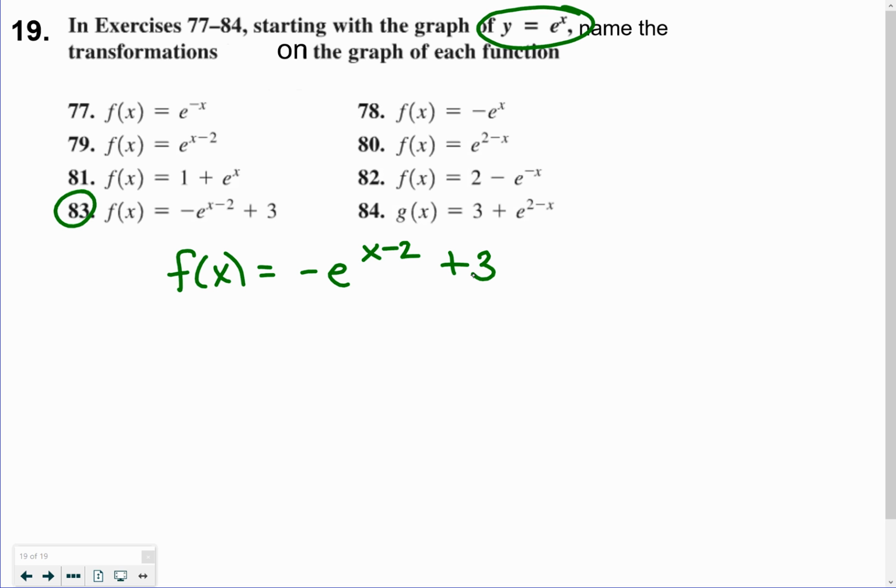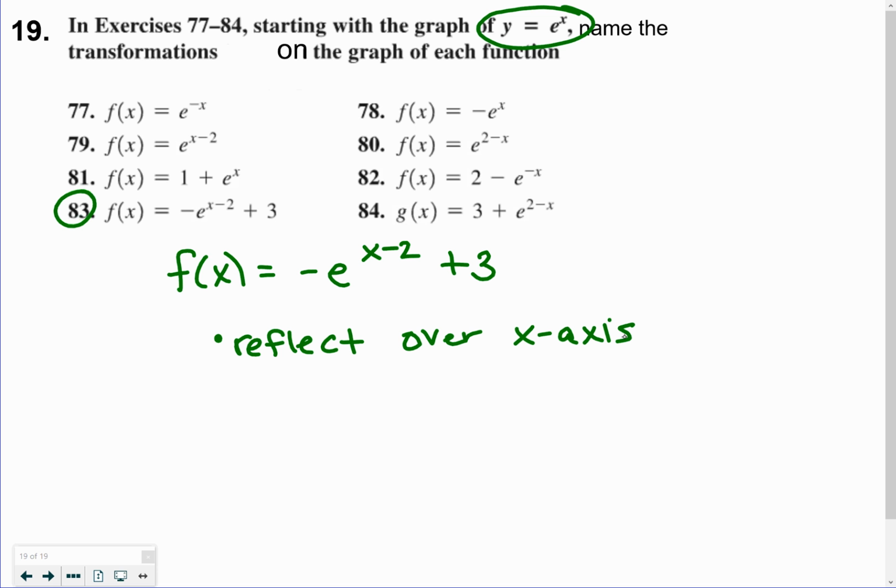What does that negative out front do? Yep. If you have a negative out front, it's a reflection over the x-axis.